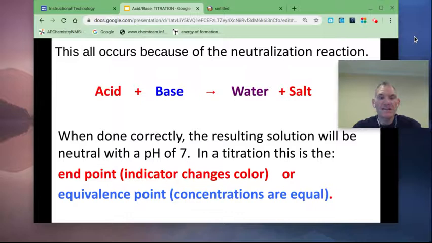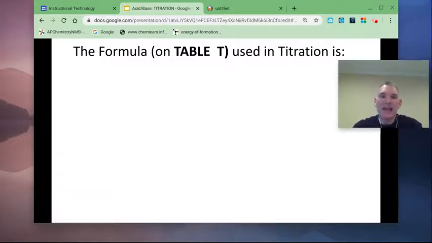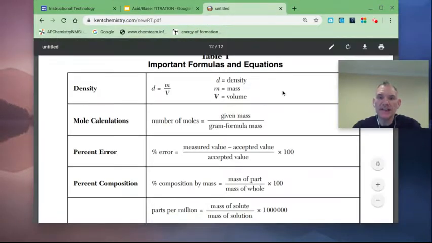Again, in this laboratory experiment, we would have to do this several times to get very precise. Again, it takes practice. For us, we need to know how to carry this out mathematically. And thankfully, as always, if it's a mathematical formula, we're going to find our information on Table T. Let's take a look at Table T. Notice Table T has our important formulas and equations.